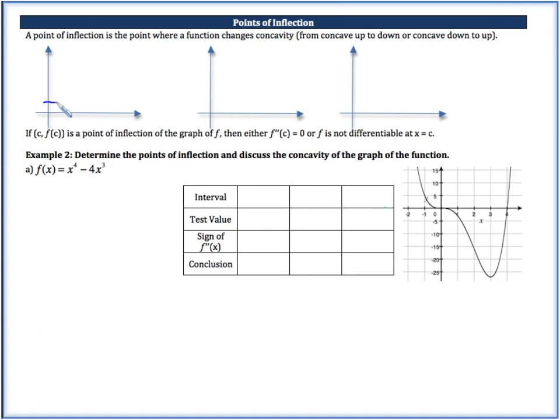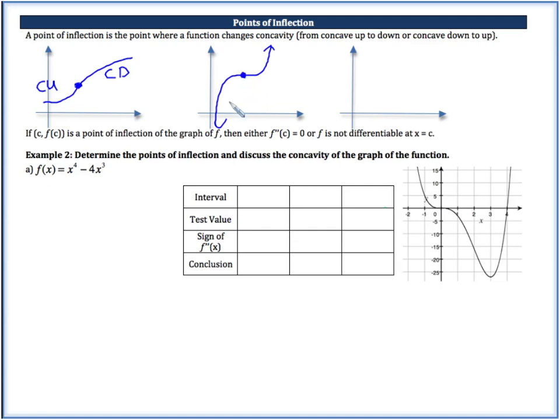In our first graph we have concave up and then it switches to concave down right at this point here. So that would be your point of inflection. We had concave up to concave down. Another example, here we have concave down and then it switches to concave up.